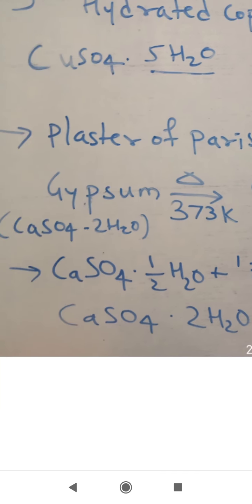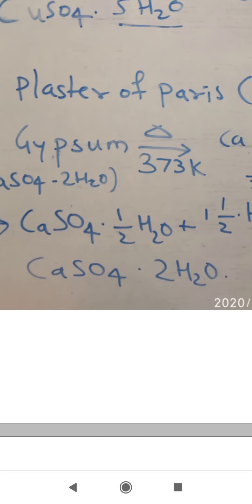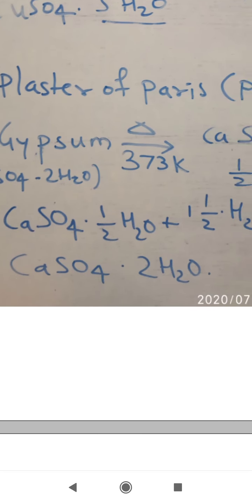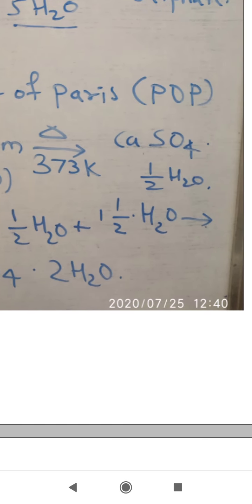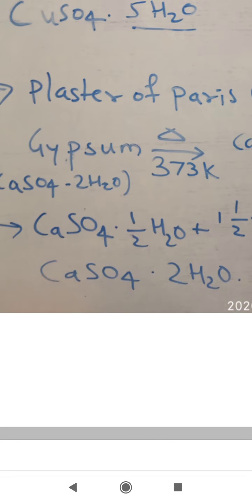Now, this plaster of Paris, that is calcium sulfate with half molecule of water, if it is mixed with 1.5 molecule of water, it will again give gypsum. That means to the plaster of Paris, if water is added, it will give the gypsum only.